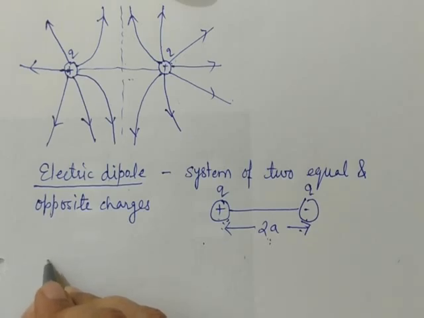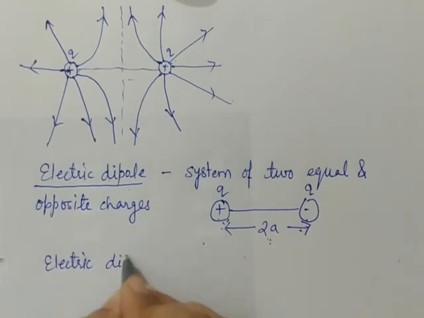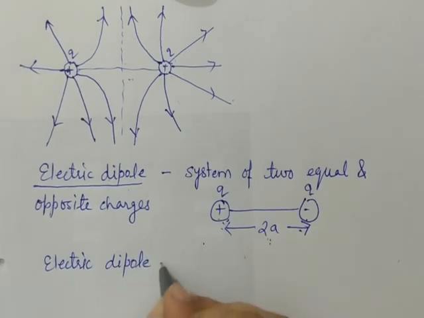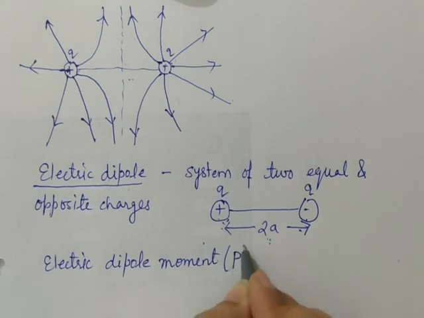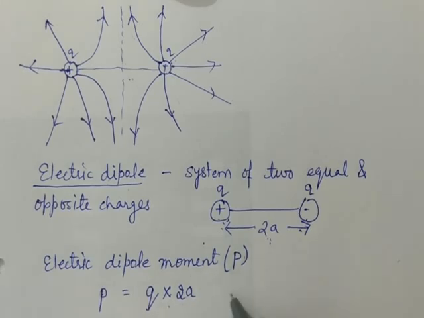For an electric dipole, we define the electric dipole moment. This is denoted by small p, and dipole moment is equal to the product of the magnitude of one charge and the distance between both the charges.